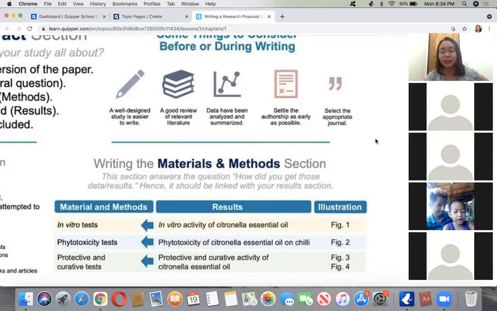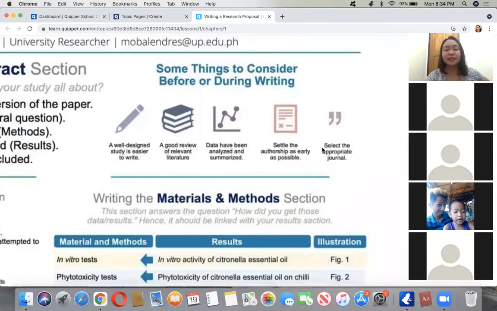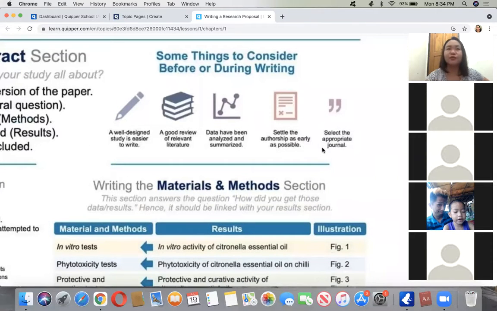That is why Gab says to research topics and so on, because you cannot really choose the best topic for you unless you research or search the whole literature. That's why it's called a literature review.